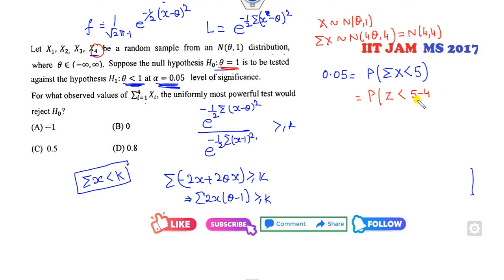So 4 over 2, it is a half. Probability of z is less than half. So what is the value of z less than half? That will be given to you on the first page of your question paper. You will get this particular value of z there. So right now, can I see my values here? I don't know the answer of this. You can see it is 0.05.